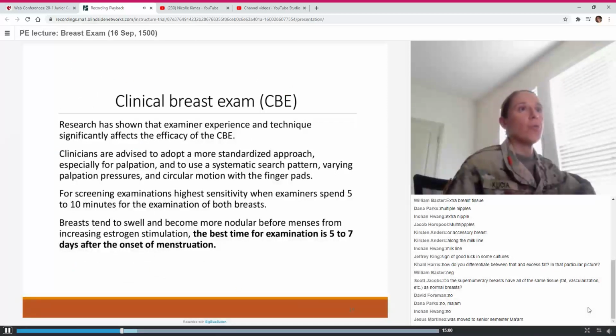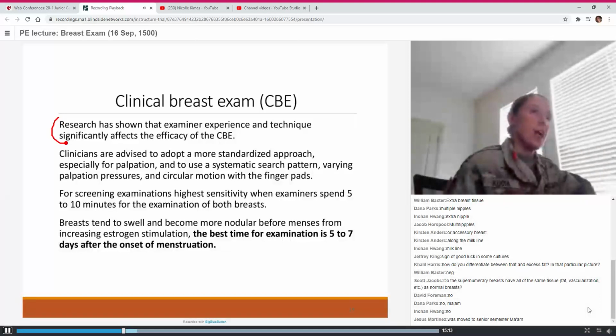So, clinical breast exams. The evidence is mixed on clinical breast exams, as it is on self-breast exams. Examiner technique and experience impacts how good it is. It's poorly standardized right now in terms of how it's done.